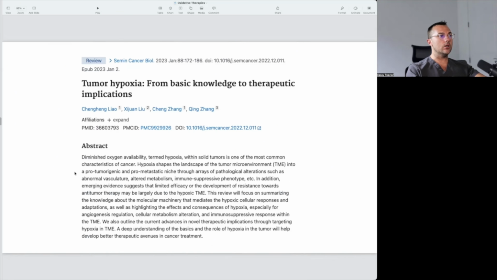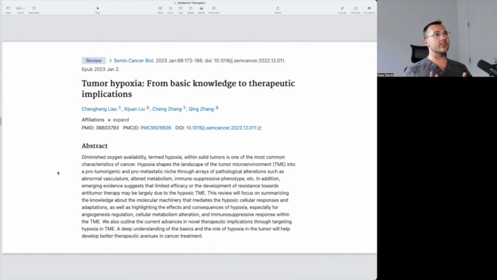This review will focus on summarizing the knowledge about the molecular machinery that mediates the hypoxic cellular responses and adaptations, as well as highlighting the effects and consequences of hypoxia, especially for angiogenesis regulation, cellular metabolism alteration, and immunosuppressive response within the TME. So we have already gone through how the hypoxia component in the TME, or the tumor microenvironment, leads to therapy failure and leads to immune suppression.